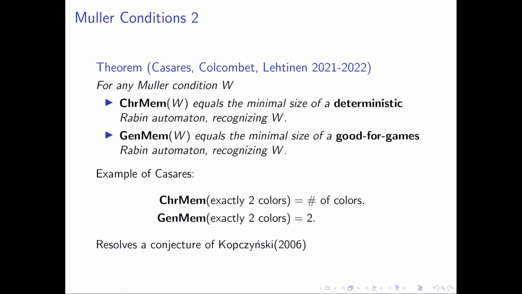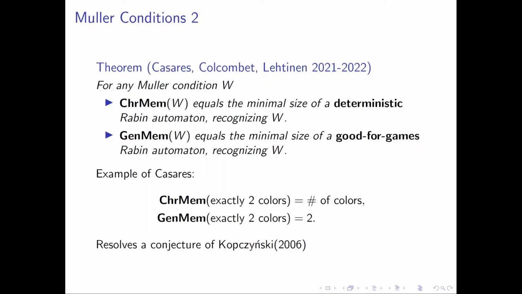So they have shown the following. They basically have shown that chromatic memory and general memory, in case of Muller conditions, have an automata characterization. More precisely, chromatic memory of W equals just the minimal size of a deterministic Rabin automaton recognizing W. And general memory of W equals the minimal size of a so-called good-for-games Rabin automaton recognizing W. Well, good-for-games automata maybe is not so well known a notion, but it became really popular in recent years.